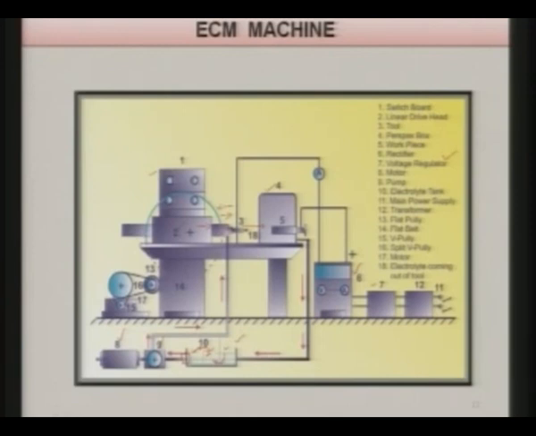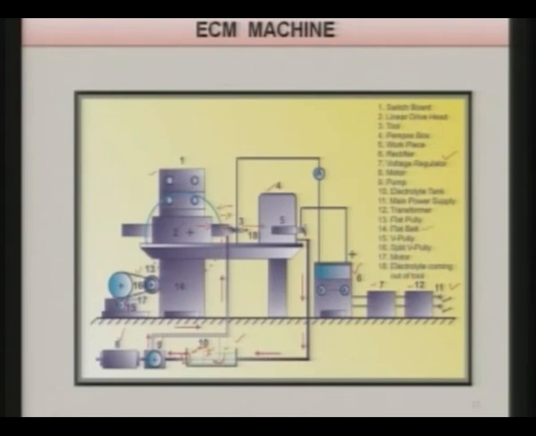Eleven is the main power supply over here, and twelve is the transformer, because normal supply in India is around 220 volts, and we need 5 to 30 volts in ECM. So, this step down transformer is to be used as twelve, and then there is the flat pulley, thirteen, over here. This is used for moving this, and with the help of this you can rotate further or move the tool linearly.